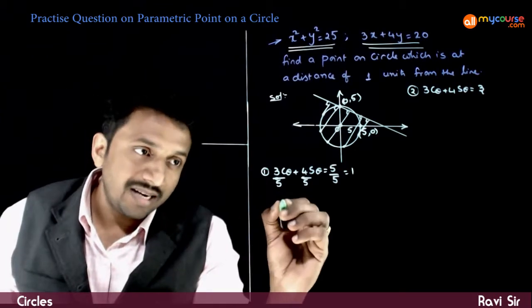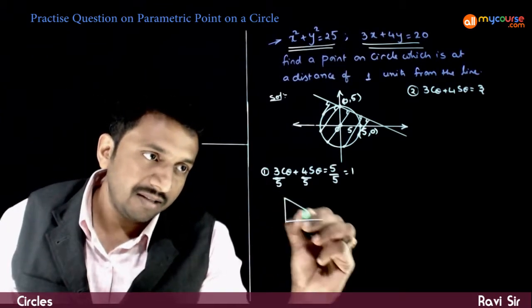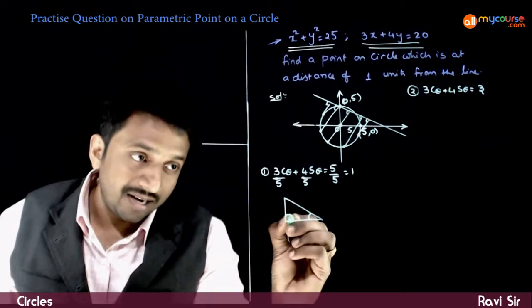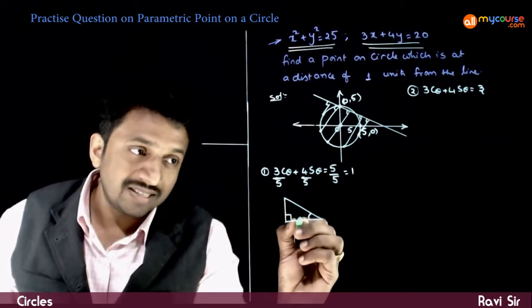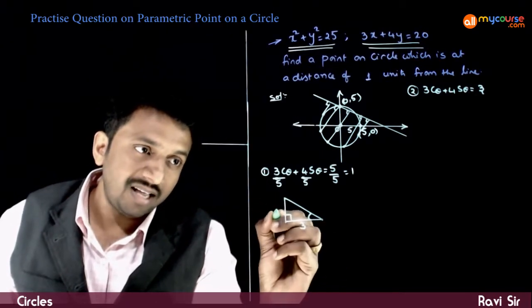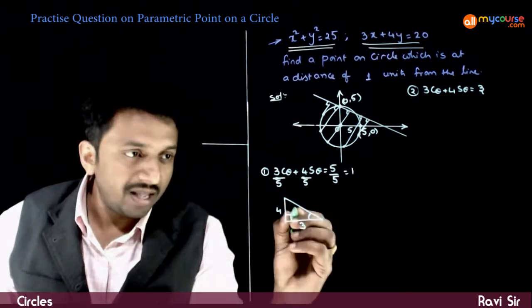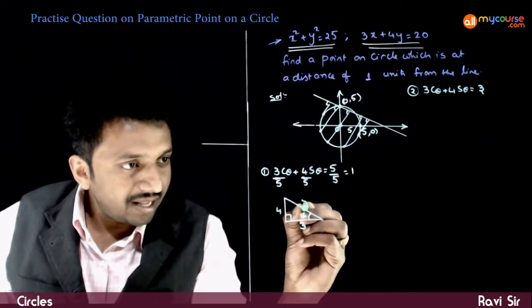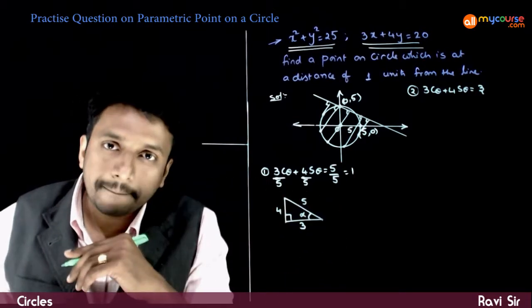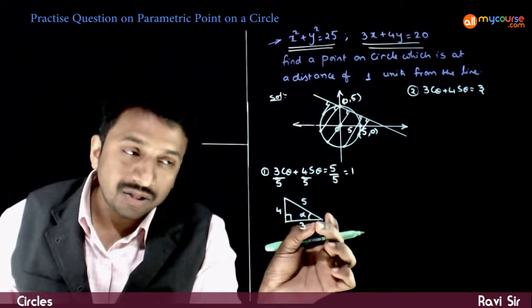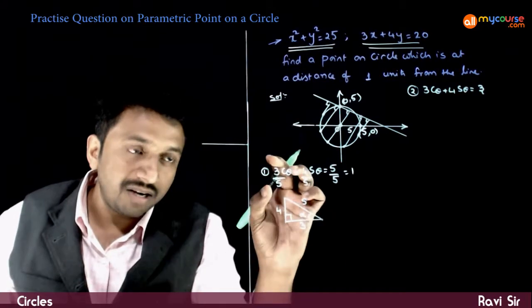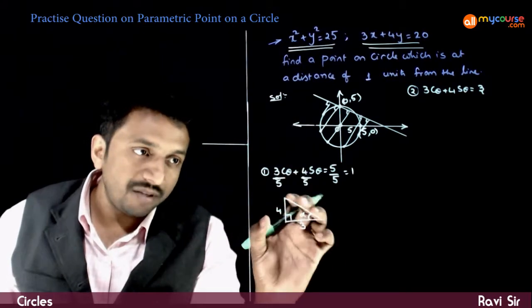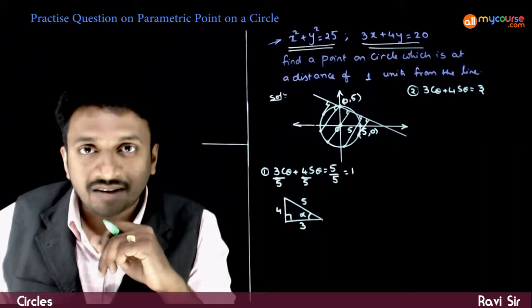Now let us take a right angle triangle whose sides are 3 and 4, and let this angle be equal to alpha. So in this triangle, this side will be equal to 5. Now in this triangle, 3 by 5 can be written as cos alpha, 4 by 5 can be written as sin alpha.